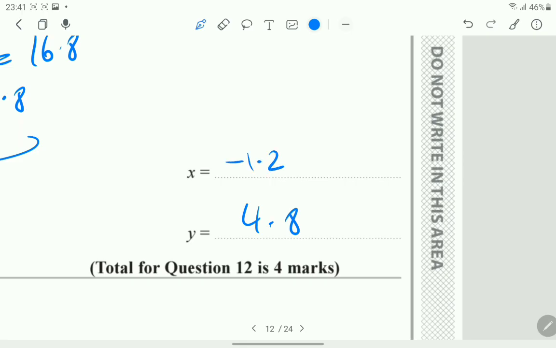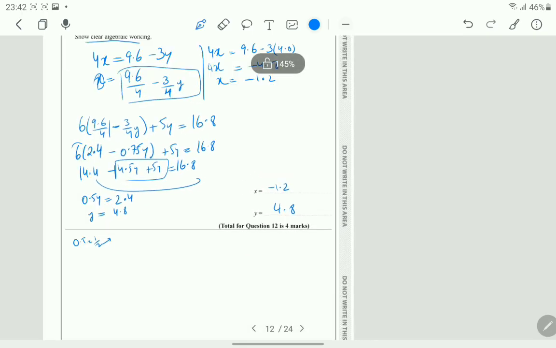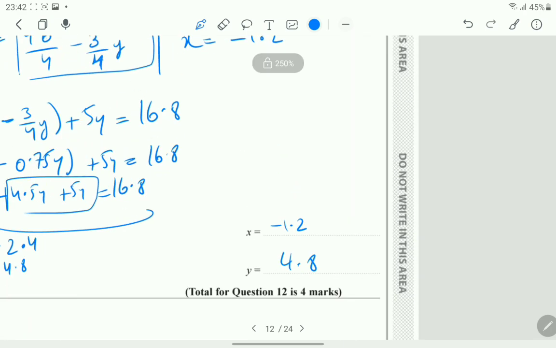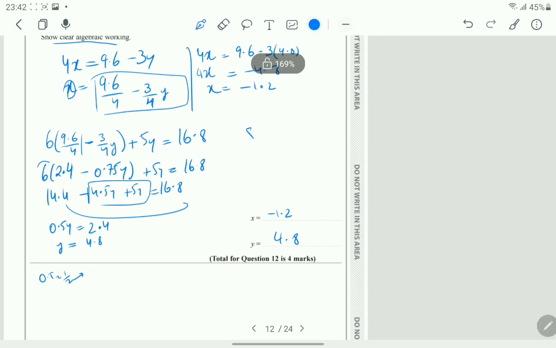We now have solved simultaneous equations using the substitution method. This works very well. Elimination method has its limitations.